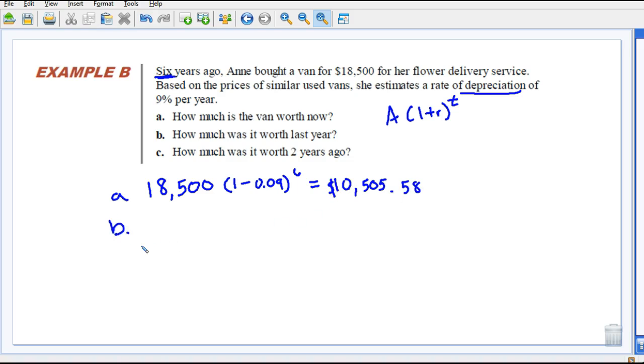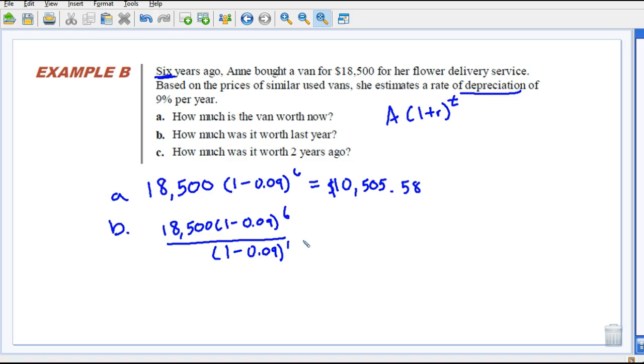So now for part B, how much is it worth last year? We could say this is 18,500 times 1 minus 0.09 to the 6th, and we just have to go back 1 year, which is take off one of these. We're going to remove 1 minus 0.09 to the 1st, right?